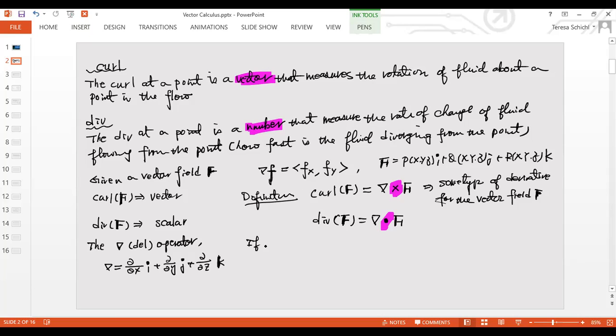For example, if the vector F is the velocity of a fluid flow, the curl of F measures the circulation per unit area.